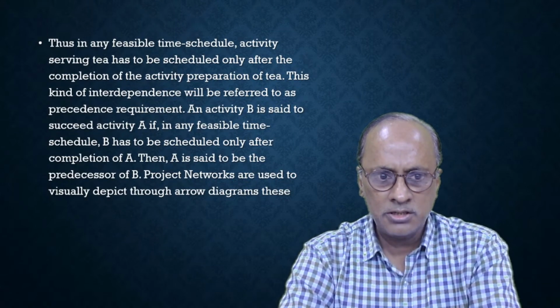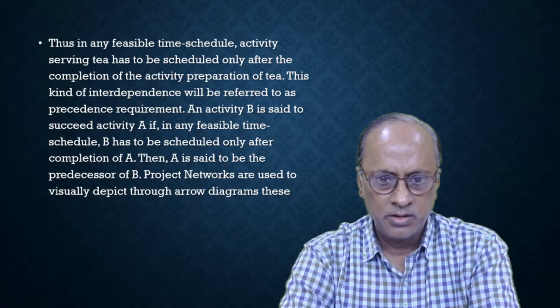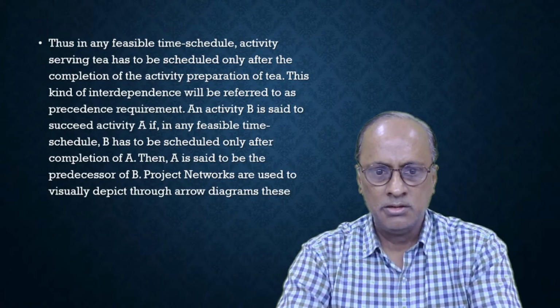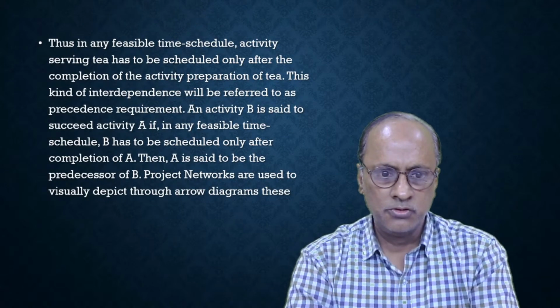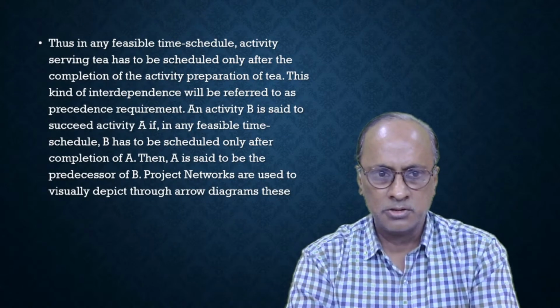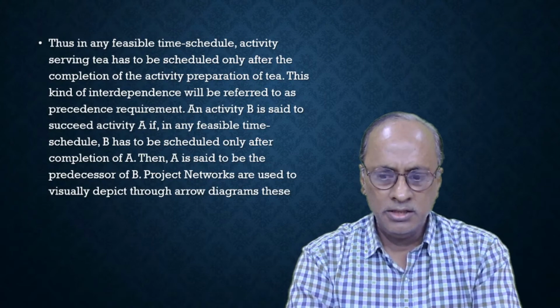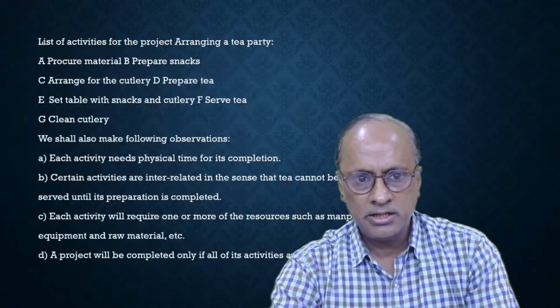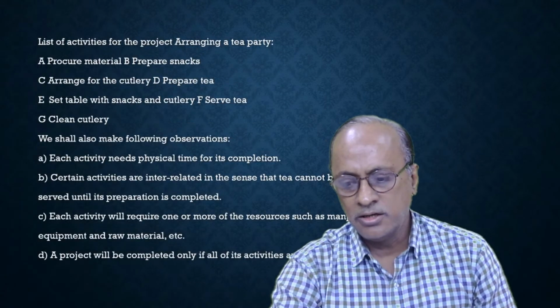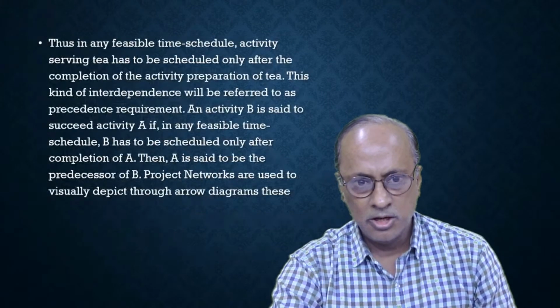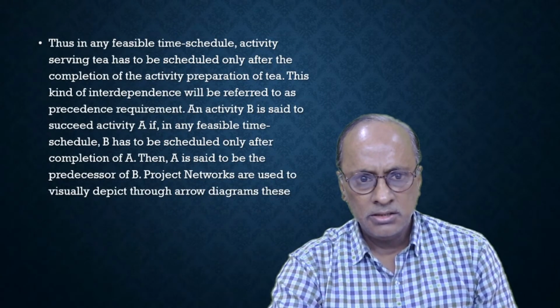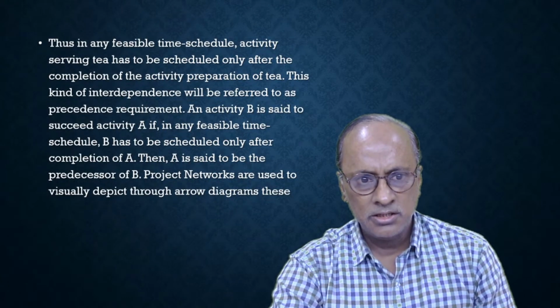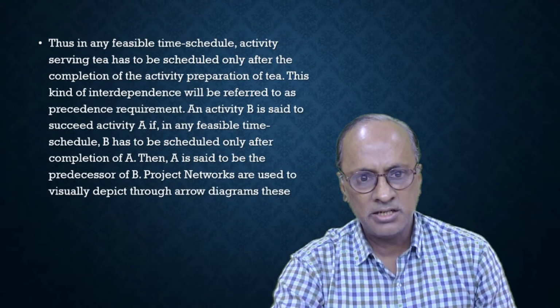An activity B is said to succeed activity A if in any feasible time schedule B has to be scheduled only after completion of A. A is said to be predecessor of B. Project networks are used to visually depict this through arrow diagrams. So, in this activity set, we find certain activities are predecessors, certain activities are successors. This kind of interdependence is referred to as precedence requirement.